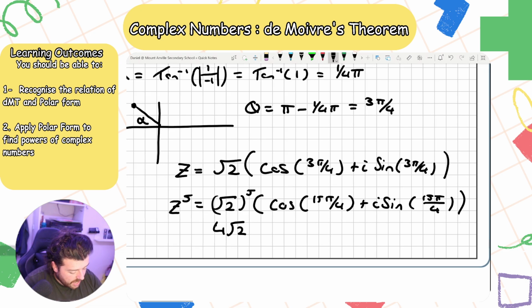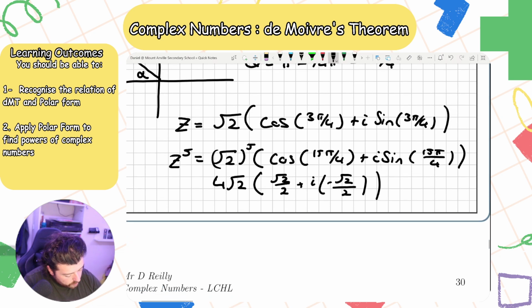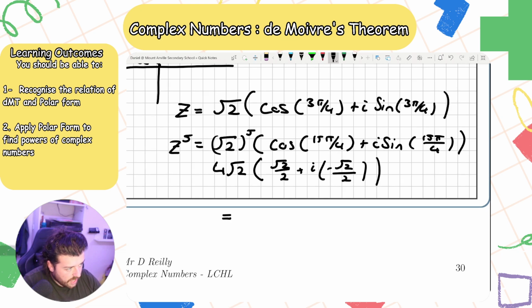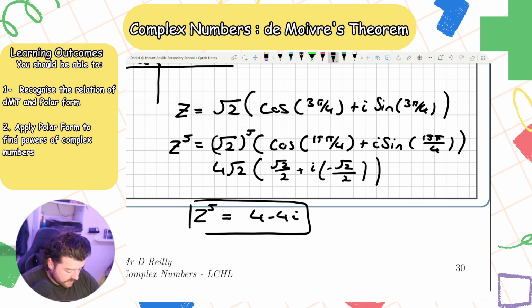Then cosine 15 pi over 4 is going to be equal to root 2 over 2 plus i times minus root 2 over 2. Multiply this in and you'll get z to the 5 is equal to 4 minus 4i. That's z to the 5.